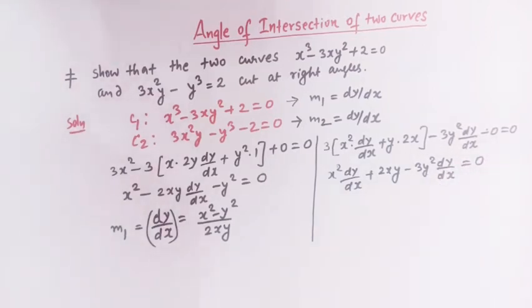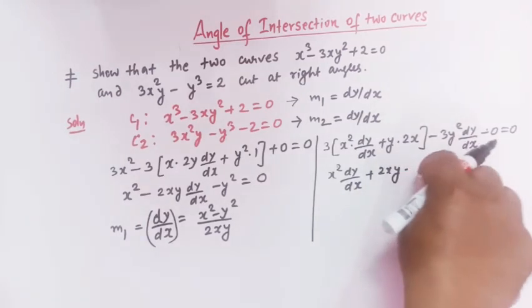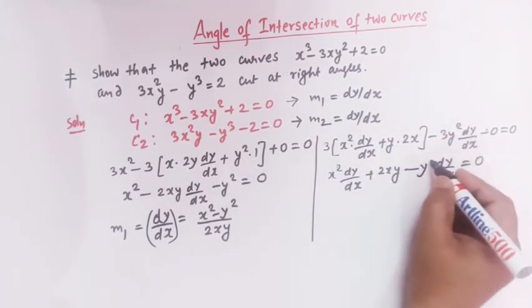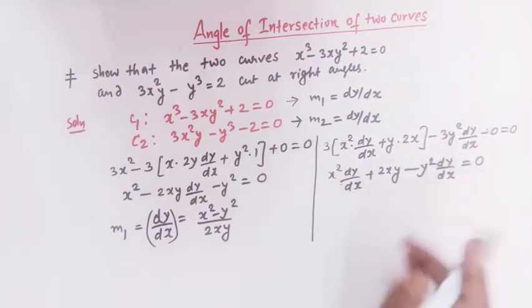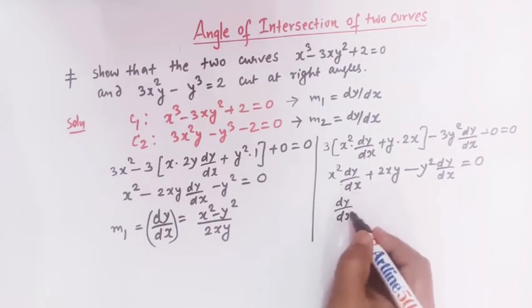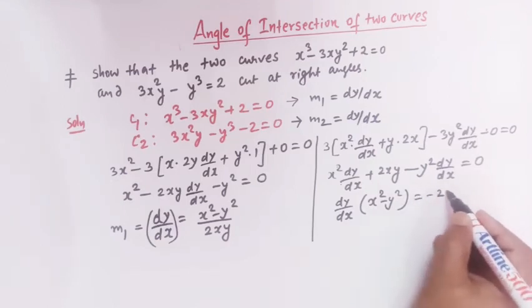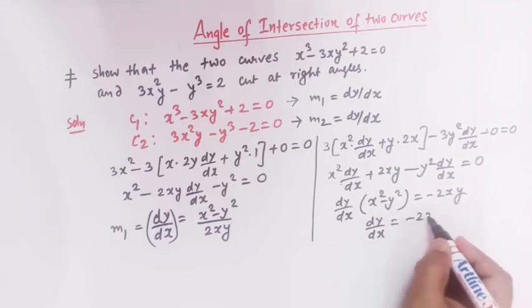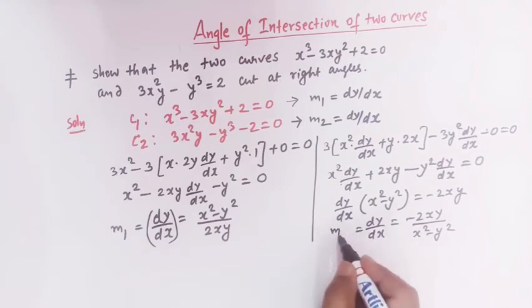Here we will not have this 3 because we have already divided this equation by 3. Now from this equation we have dy over dx times x square minus y square is equal to minus 2xy, and dy over dx is equal to minus 2xy over x square minus y square. So this is the slope of the tangent to this curve C2.